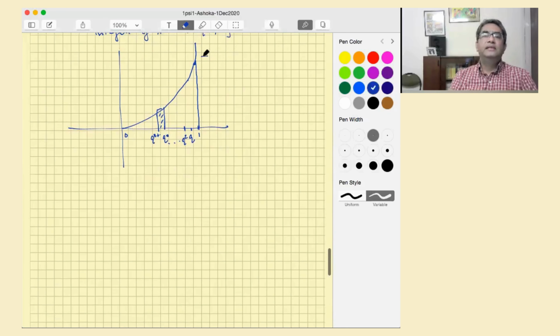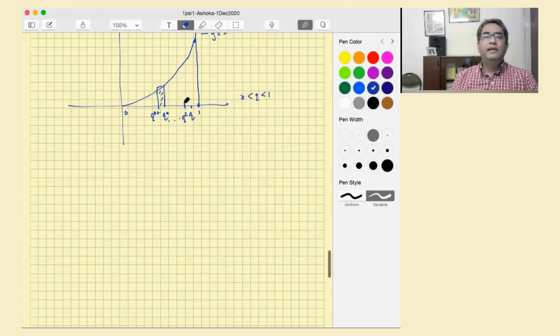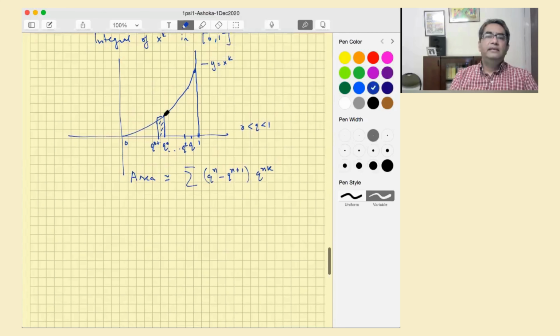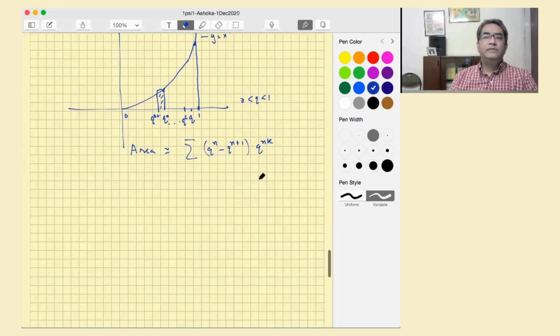So this is y equal to x to the k, and again q in this case is between 0 and 1, and they make the infinite series. So the area is approximated by the difference, this is the length of this guy, the height is q raised per n k, and then we are summing over all n.